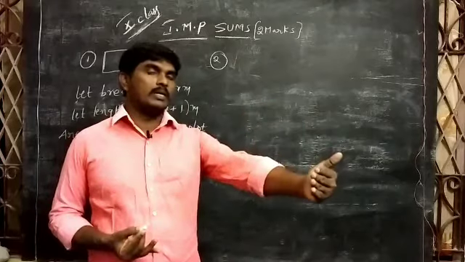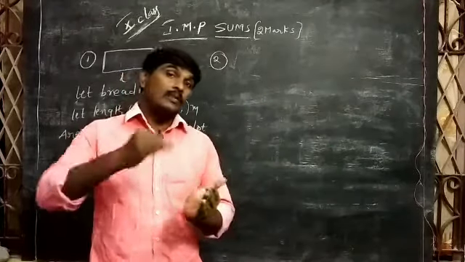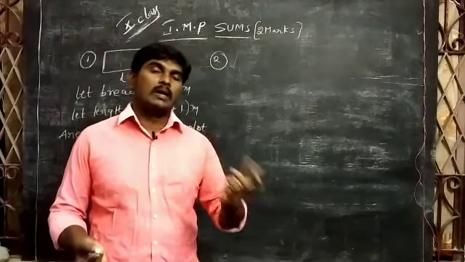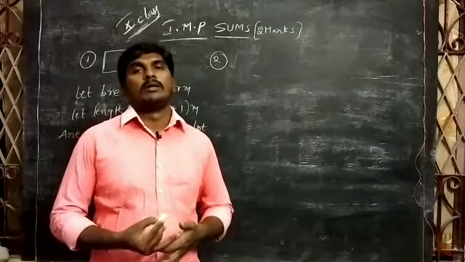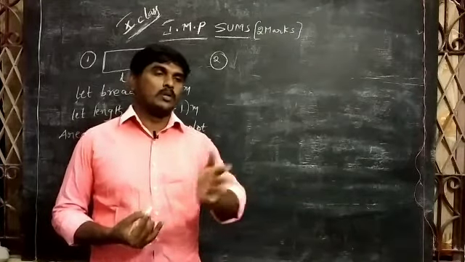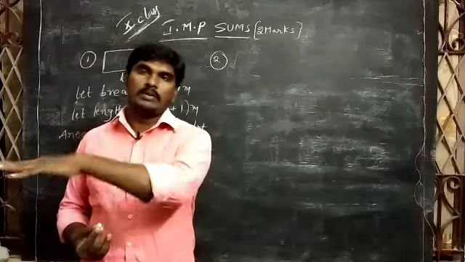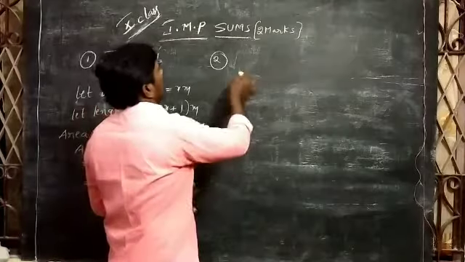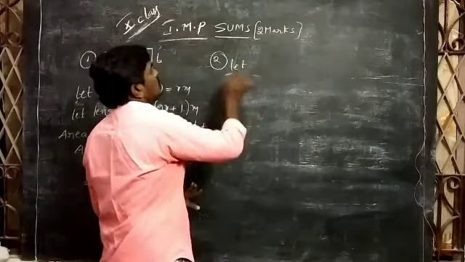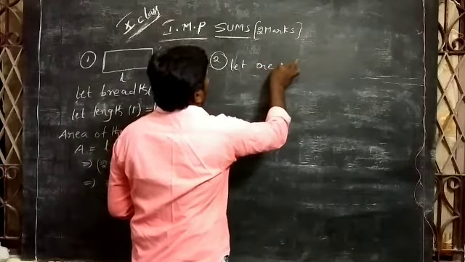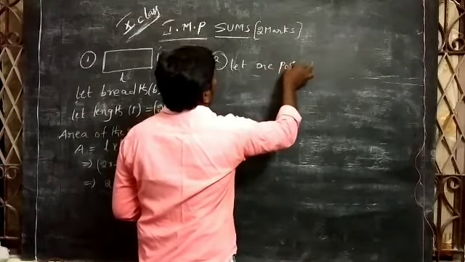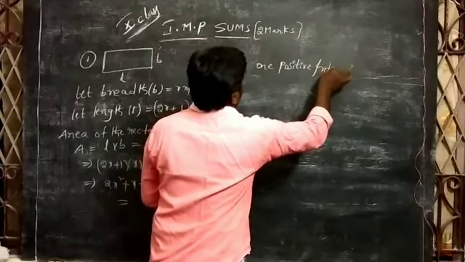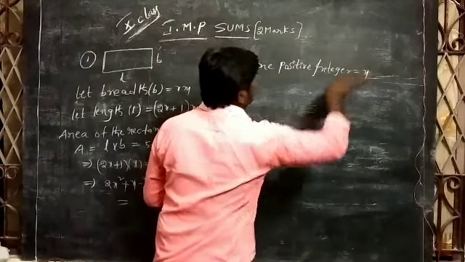So suppose one positive integer is x. What about the next consecutive positive integer of x? As explained by the previous concept, we get the next number by adding 1. Let one positive integer be equal to x.